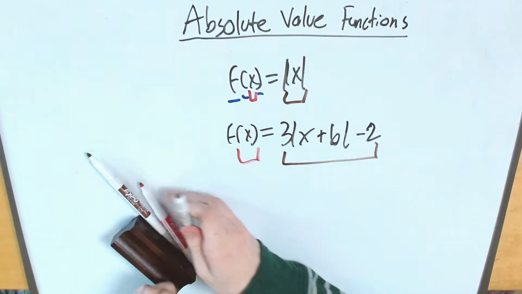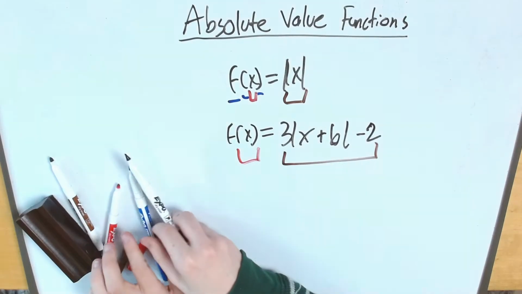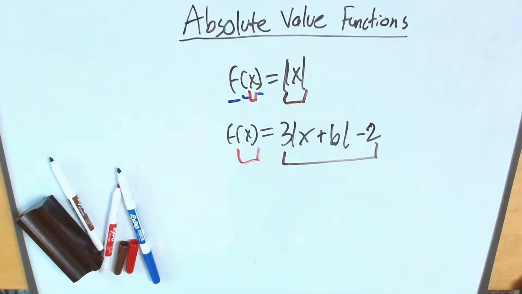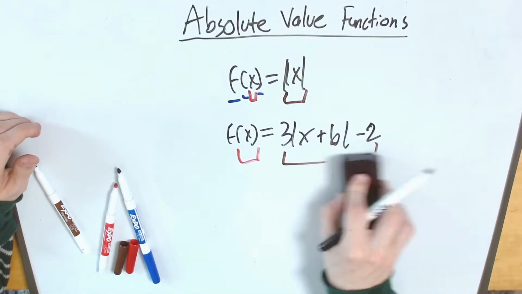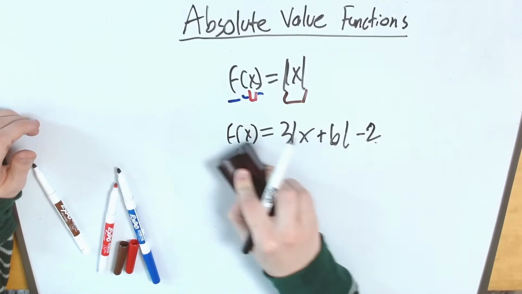Now, we can do the same things to absolute value functions as we can for regular functions, which of course means that we can graph absolute value functions. Their graphs are pretty similar to regular functions, except for some noticeable differences.